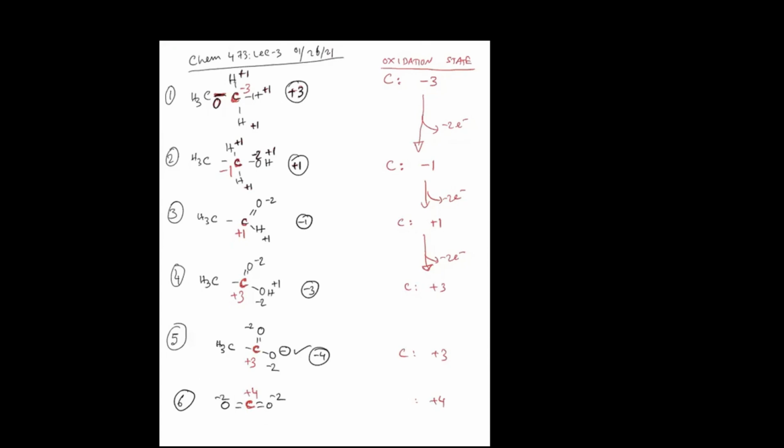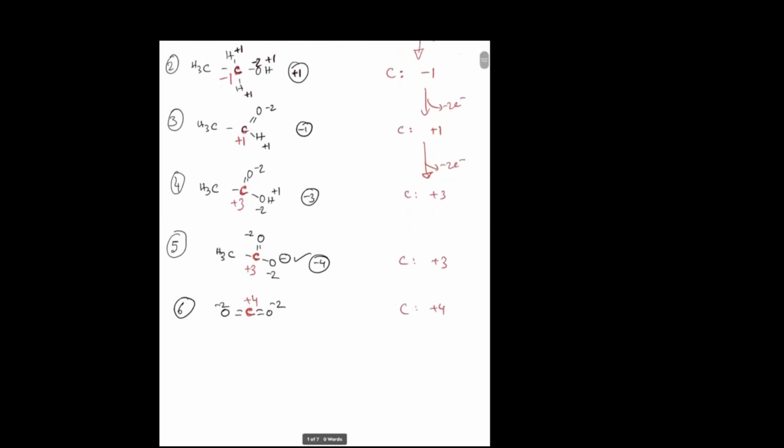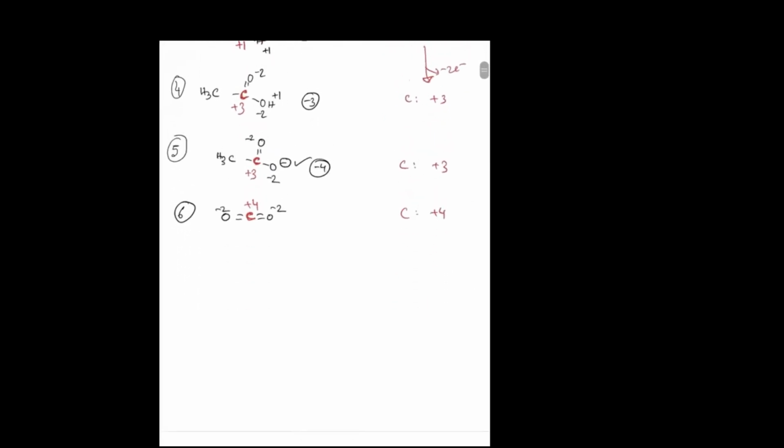So you can see that the food we eat, fat or whatever sugar, when it goes to CO2, the carbon is already in the highest oxidation state possible, right? Make sense? Yeah. So that's why it's an oxidation process. All good here? Yes. Okay, all right, good to know.